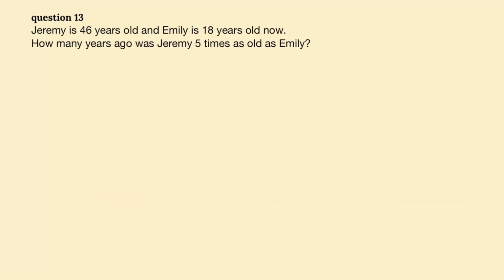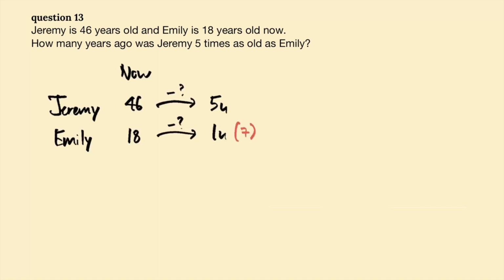Jeremy is 46 years old and Emily is 18 years old now. We can find the age difference straight away. How many years ago was Jeremy 5 times as old as Emily? So 5u, 1u, yeah? So Jeremy now is 46, Emily 18. How many years ago? So I'm going to draw, right, minus something, okay? And the case was 5u and 1u.